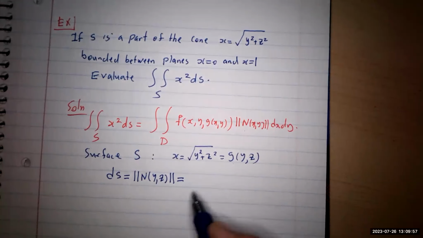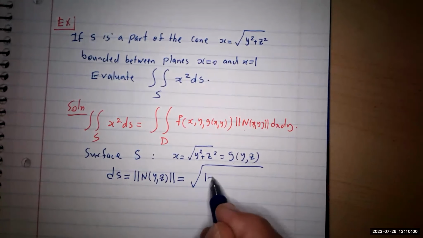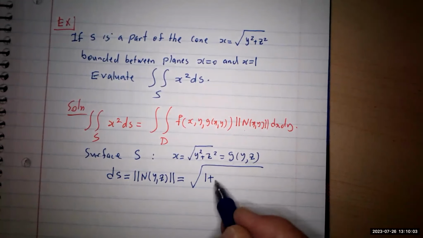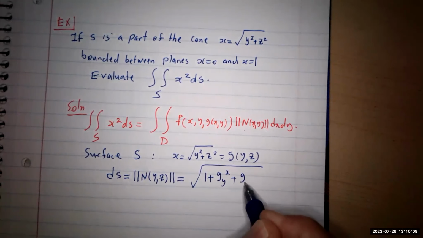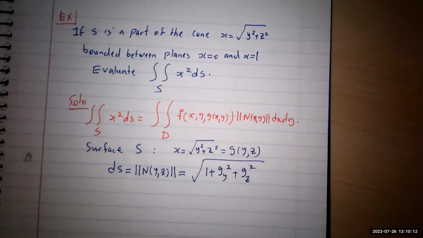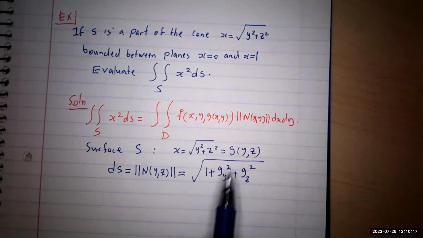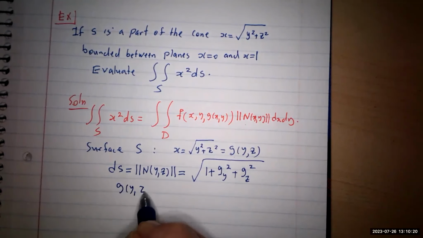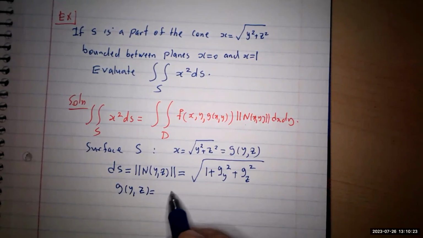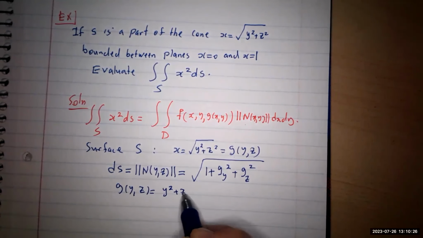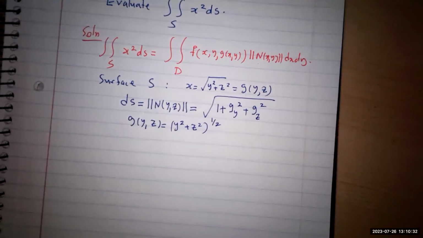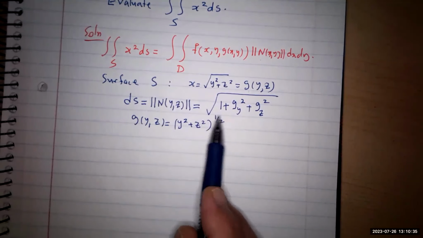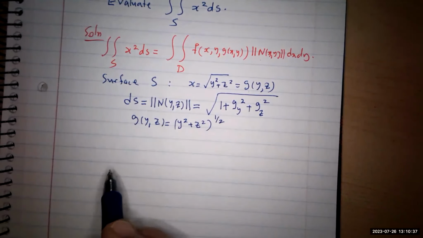Remember, in this case it is equal to the square root of 1 plus the partial of g with respect to y squared plus the partial of g with respect to z all squared. So differentiate it. g of y and z is going to be, rewrite it. You have two problems in your book similar to this one. So I'm looking for, finding the normal vector. This is what I'm doing. So with respect to y, what's going to be g_y?